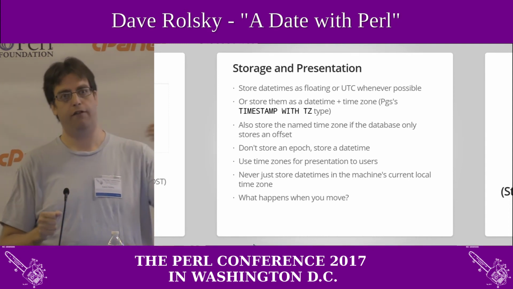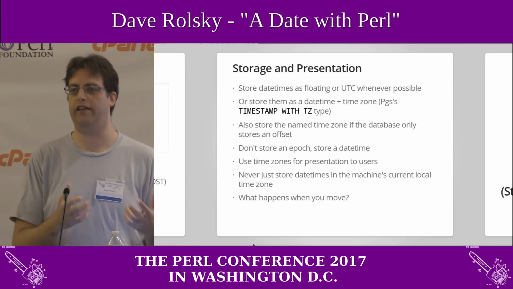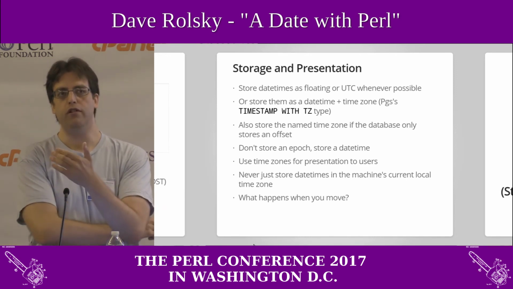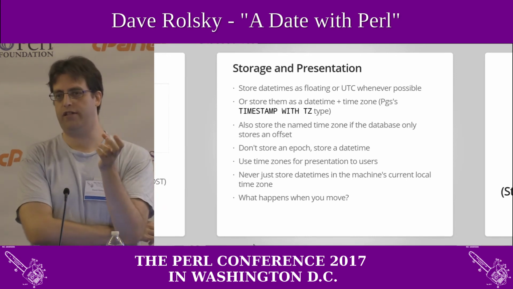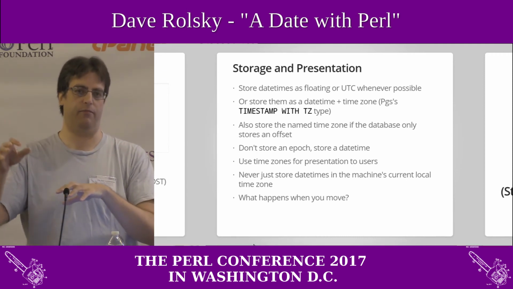Because, for example, if I have an appointment 2 years from now in some country that's constantly fiddling with its DST rules and it's at noon, then if you just store it as UTC and then try to recreate it, if the time zone rules have changed, then you could end up with a mess.